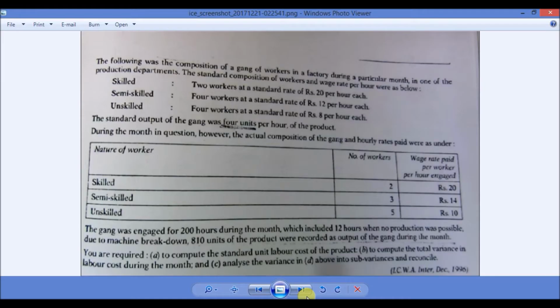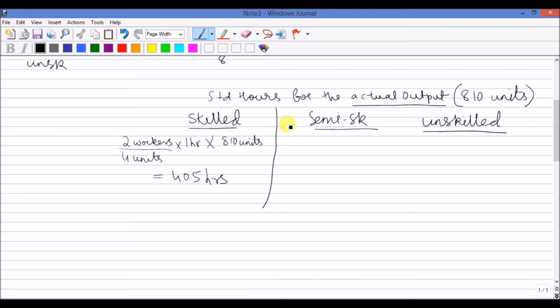Similarly we are going to do this. 4 workers in a gang, 4 units, 1 hour, same. So 4 workers are in a gang, they are making 4 units together in 1 hour, and we want it for the actual output, which is 810 units. So 4 into 810 divide by 4 is going to give me 810 hours.